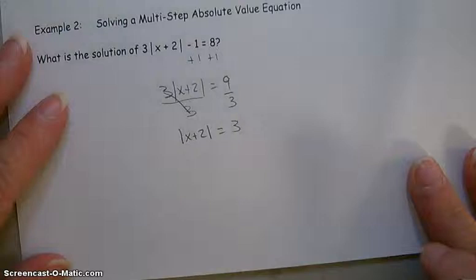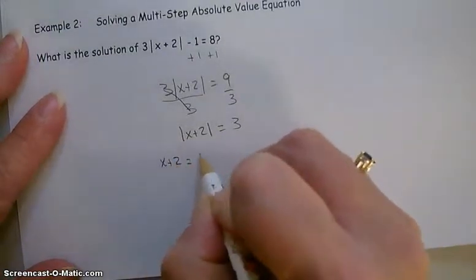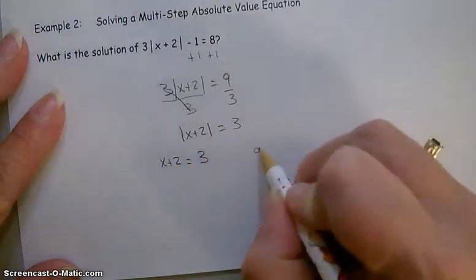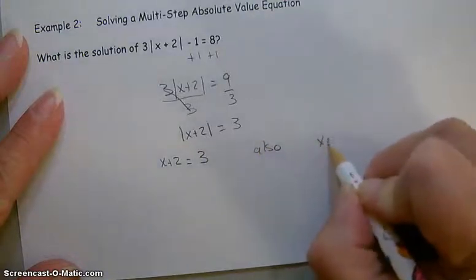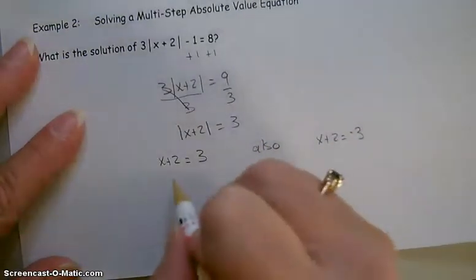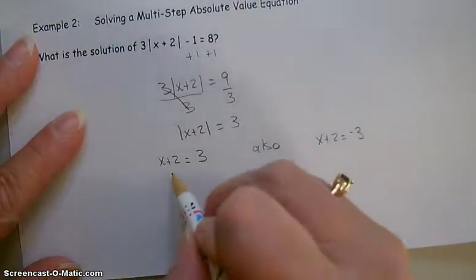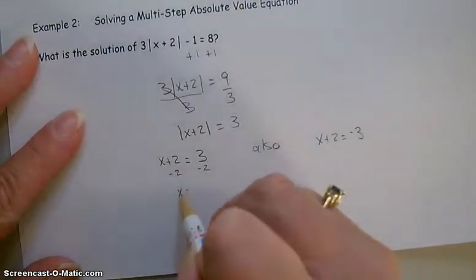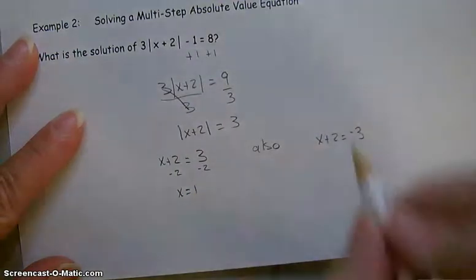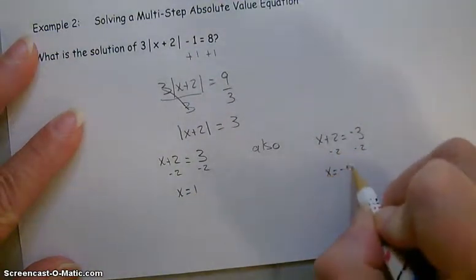So I need to set this up as two equations: x plus 2 equals positive 3, and x plus 2 equals negative 3. We have two simple linear equations to solve. We subtract 2, and I get x equals positive 1. And then subtract 2, and I get x equals negative 5.